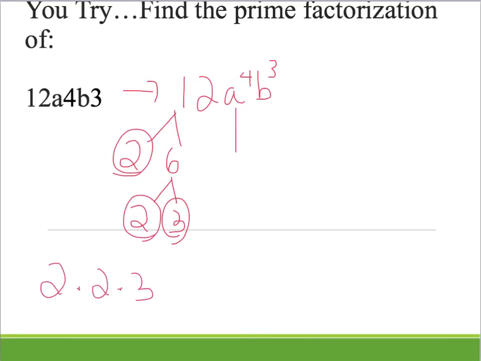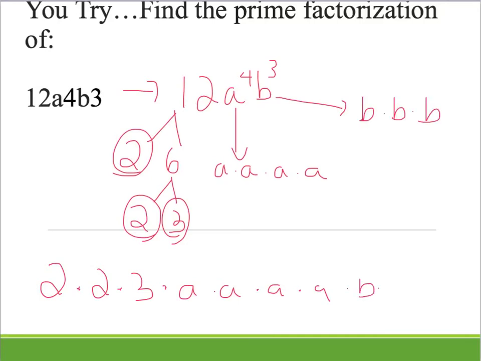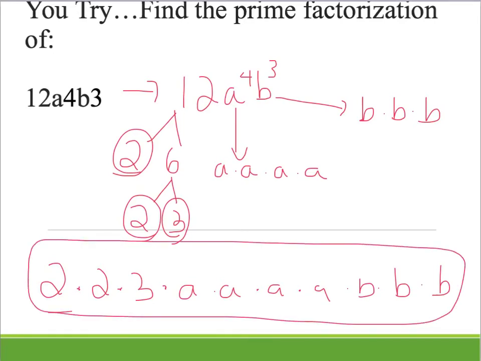If I want to factor a to the fourth, it's a times a times a times a, so I'm going to add that in. And then factoring b to the third is b times b times b. So our answer is here. I know it looks really long.